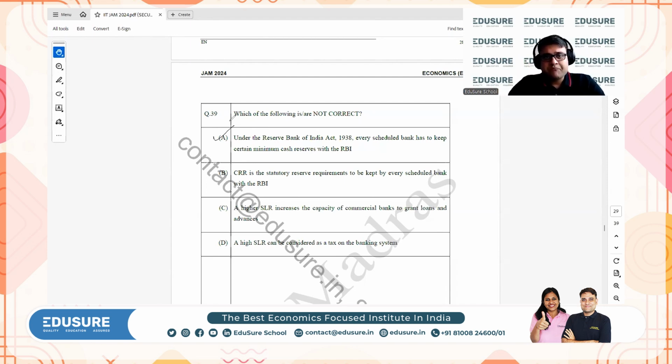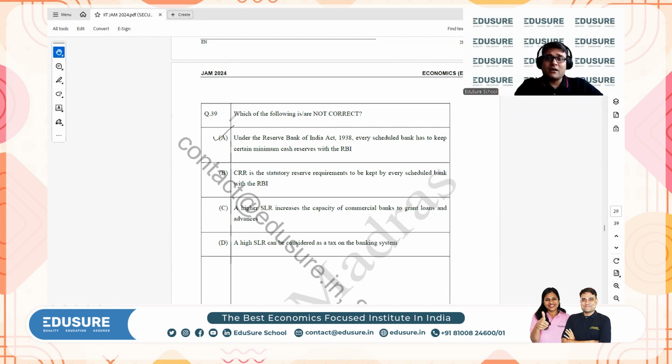So let's look at B. B is saying CRR is the statutory reserve requirement to be kept by every scheduled bank with the RBI. This is absolutely correct. CRR is a statutory reserve that the banks must maintain with the RBI. C is saying a high SLR increases the capacity of commercial banks to grant loans and advances. This is incorrect.